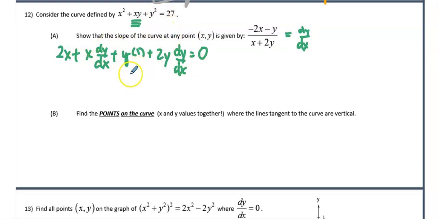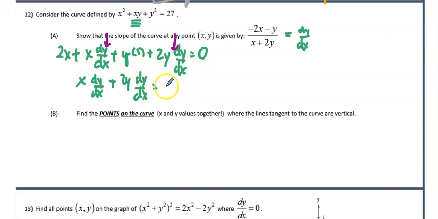So we're just going to start simplifying. The first thing that I'm going to do is put the 2x and the y on the other side. So I'm going to do x dy/dx plus 2y dy/dx. What I'm doing is everything that has a term that is a dy/dx, I'm going to leave on one side, and then everything else, I don't care if it's x or y, I'm going to put on the other side.